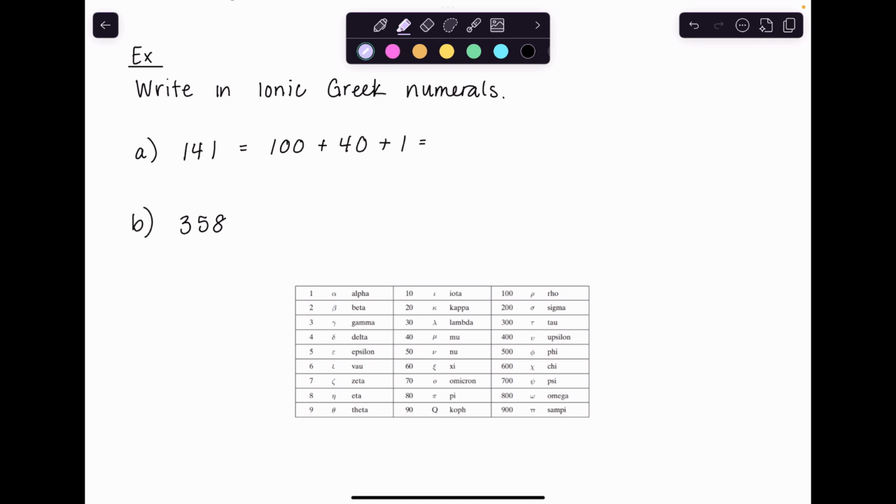Picking what each of these are, starting with 100, that is going to be rho. So that looks like this. Then we've got 40 in the next spot, which is mu. So mu looks like that. And then 1 in the 1 spot, that is going to be alpha. So this is rho, mu, alpha.